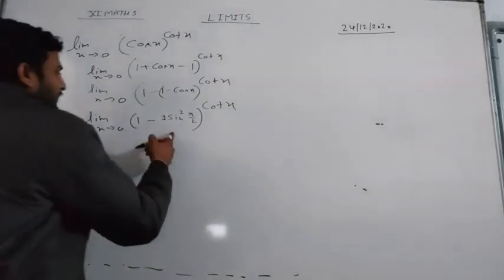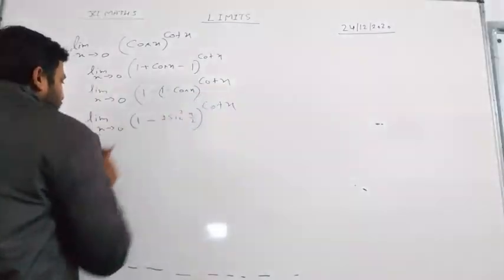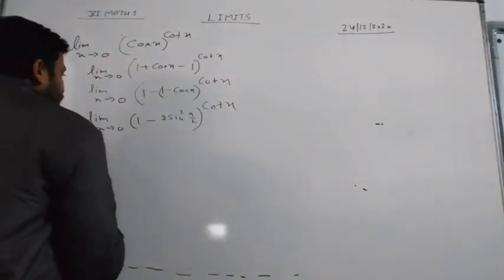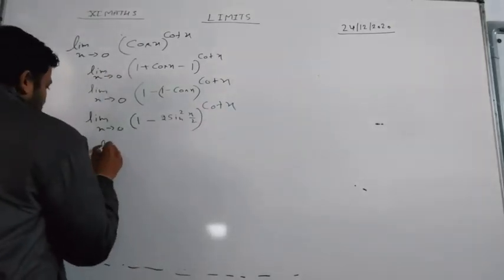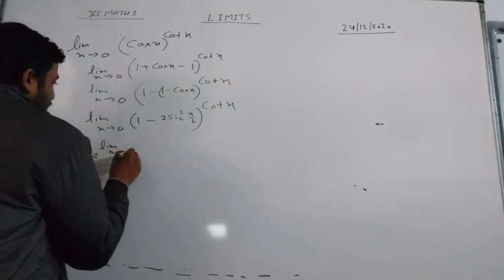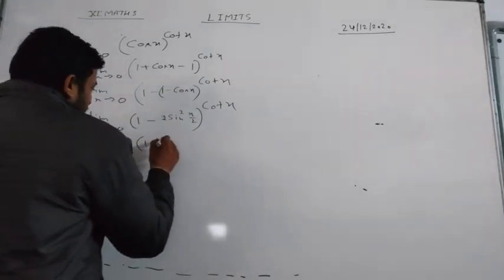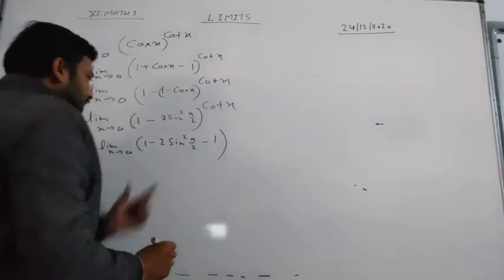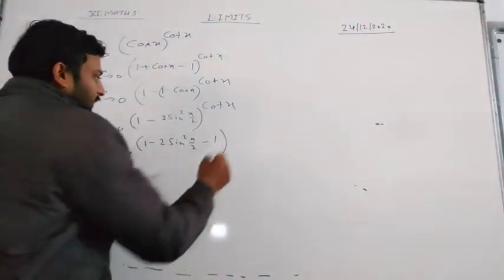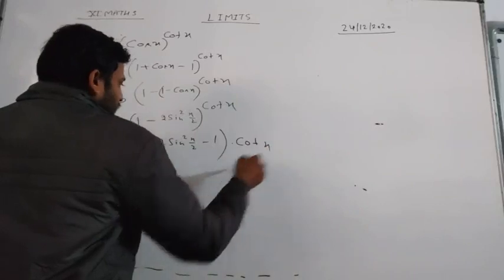Now student, we will apply the formula of f(x) to the power g(x). So now we write e to the power limit x tends to 0, (1 minus 2 sin square x by 2 minus 1), f(x) minus 1, into cot x.